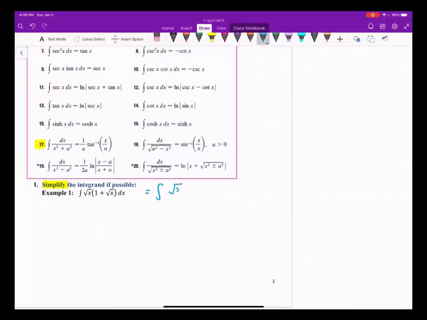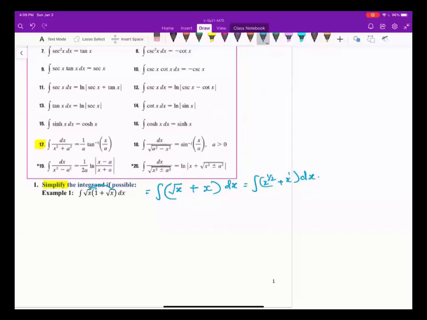You distribute: root of x times 1, then root of x times root of x, that is an x. So we rewrote the given expression as root of x plus x. Now it is easy to integrate by the power rule: integral of x to the 1 half plus x to the 1 dx.